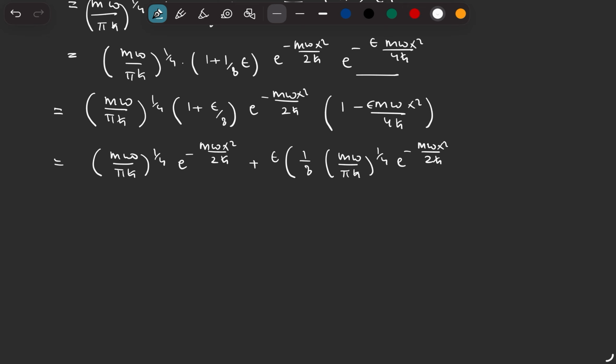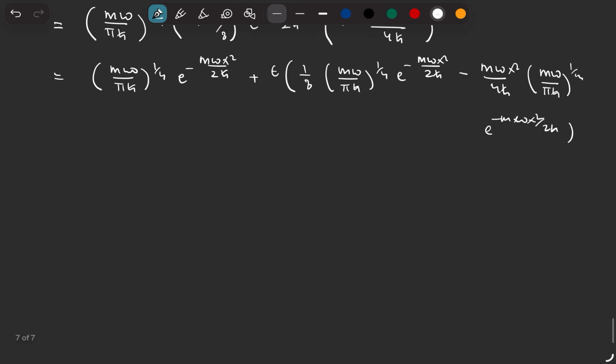So this is good. And obviously we have a product term here, so we should have a minus of m omega x squared upon 4 h bar, (m omega upon pi h bar) to the power 1 by 4, exponential of minus m omega x squared upon 2 h bar.